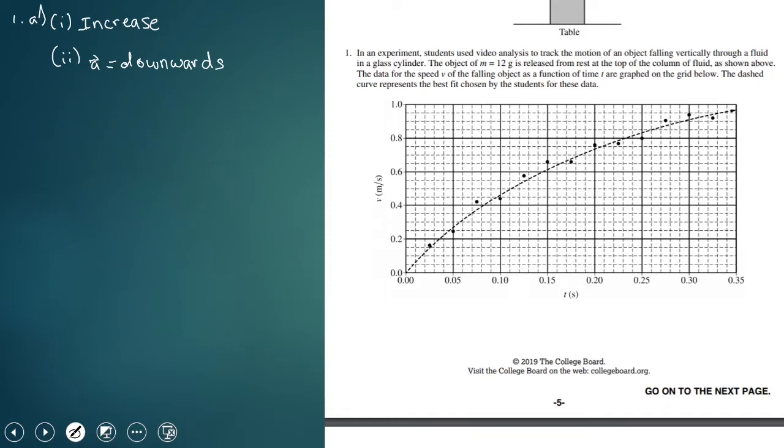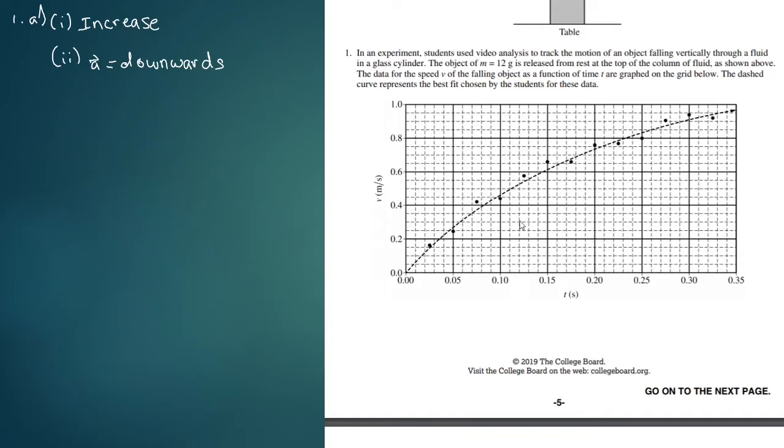Now about the magnitude of acceleration. Well, keep in mind that acceleration is also the derivative of the velocity function, right? So at any given point, it's the slope of the tangent to the curve. And so if we see the slope of the tangent as it changes over time, we see that it goes from very steep to less and less and less steep. And so because of that, what we can say is that the magnitude is decreasing.